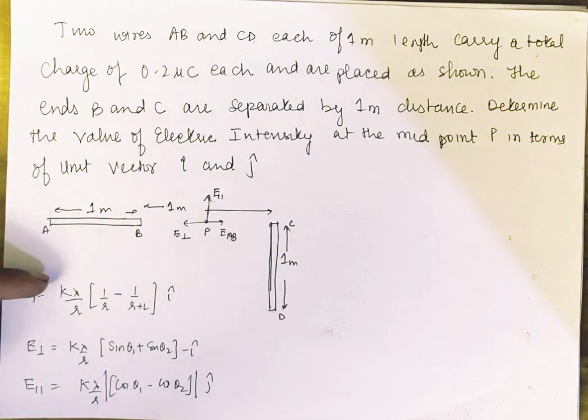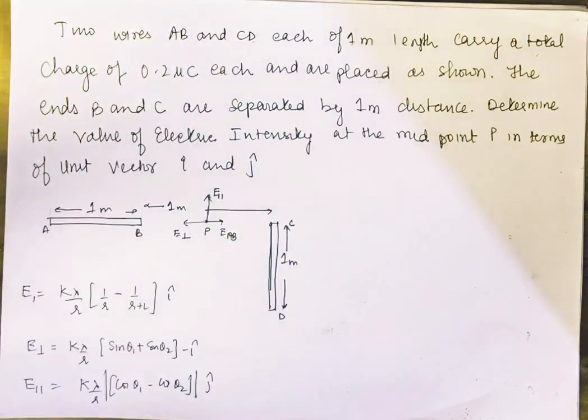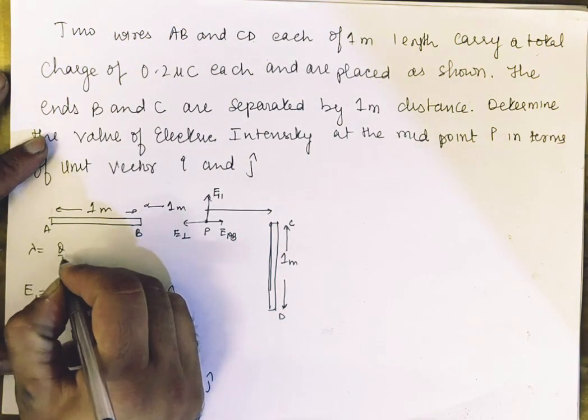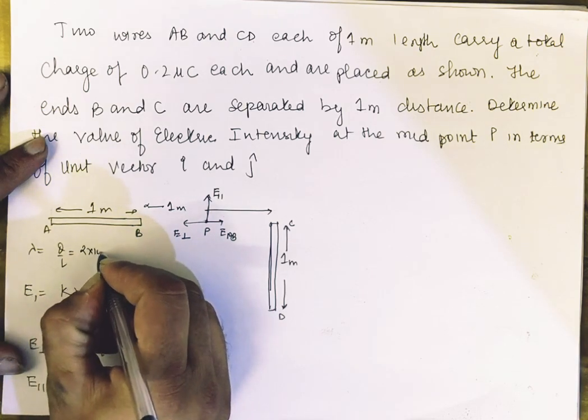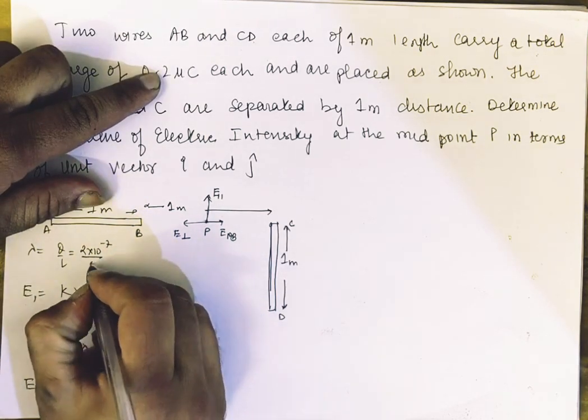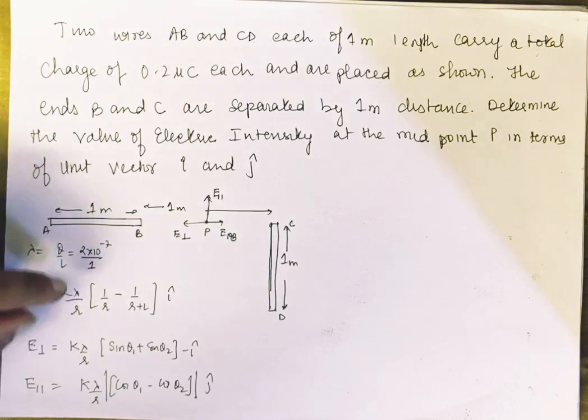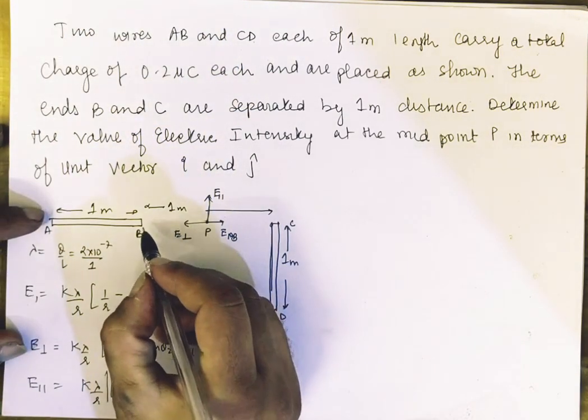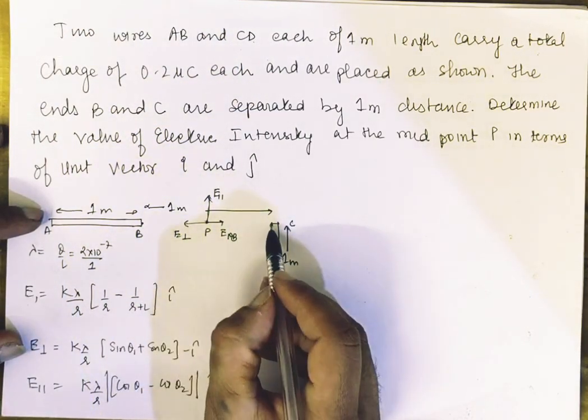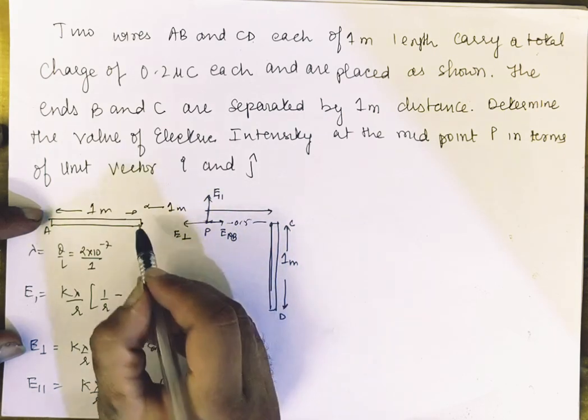For every part, K lambda by R is going to be the same because lambda is the same for both. Now what is lambda here? That is Q by length. Q is given as 2 times 10 power minus 7, and length is 1 meter. The R for both is the same, 0.5.